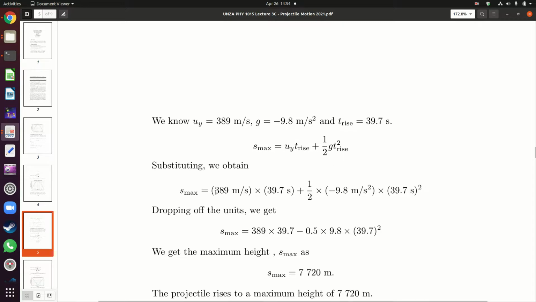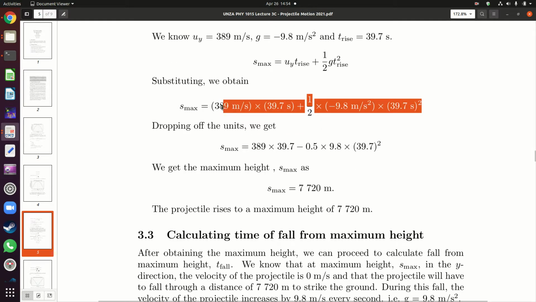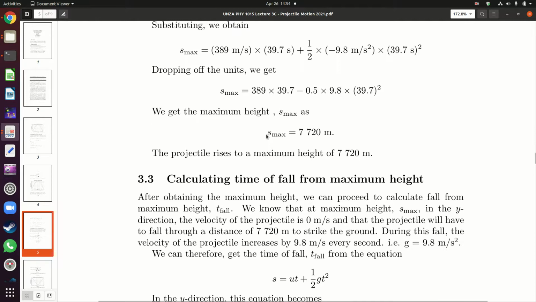We substitute, drop the units, and you have 389 times 39.7 minus 0.5 times 9.8 times 39.7 squared. If you work out this calculation, you end up with an S max of 7,720 meters.